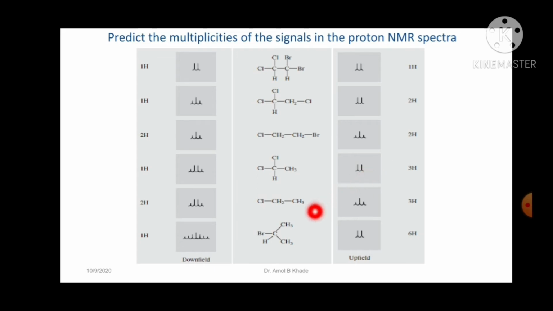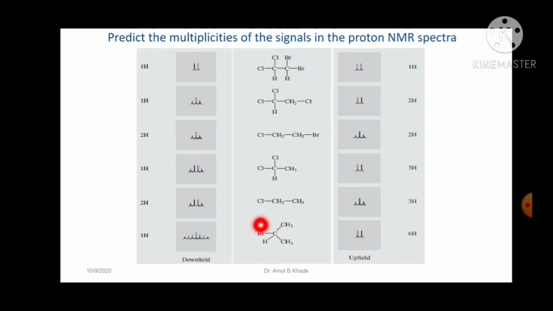Then when we talk about the last example here, this carbon is connected to 2 methyl, 1 bromine and 1 hydrogen here. These 2 methyl are equivalent in nature, so there is a chemical equivalence for these 2 methyl protons, so they will give only one signal and the CH will be giving a different signal.